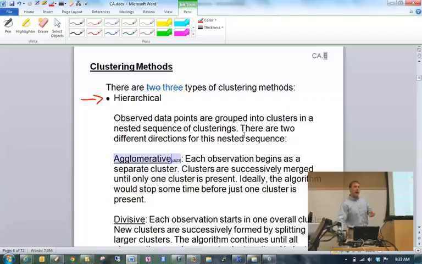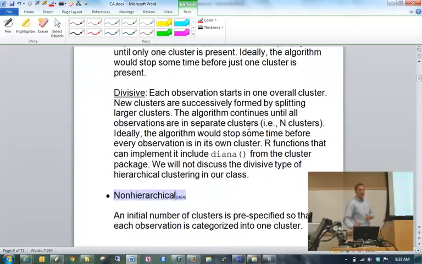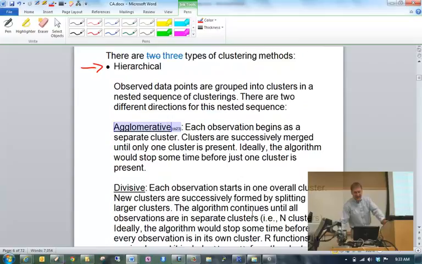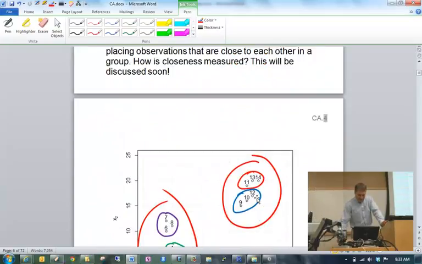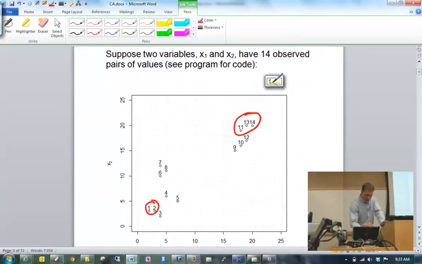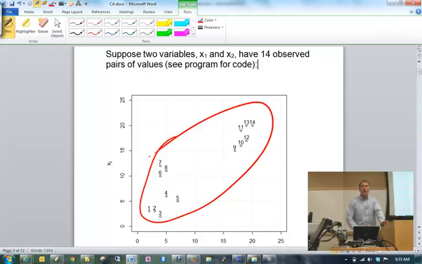Now you could go the opposite direction and use what's called divisive. So instead, come back here to my plot, start with everything as being 1 cluster. Now, obviously, you don't want that. So what you could do is maybe first split the cluster into 2 clusters. And then maybe split here. And so on.